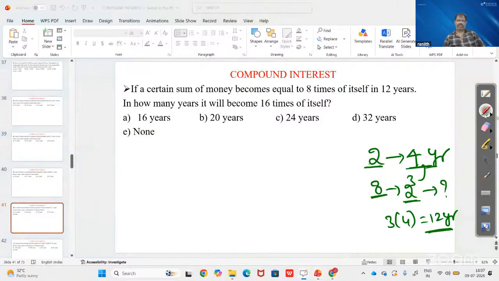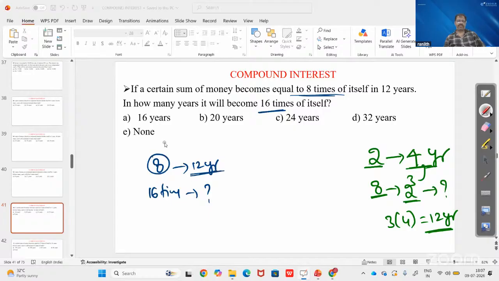So here, if a certain sum of money becomes 8 times in 12 years, then in how many years will it become 16 times? Just look at here. 8 times is becoming 12 years.